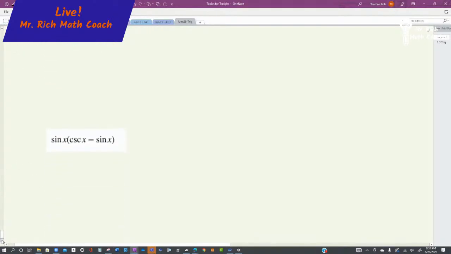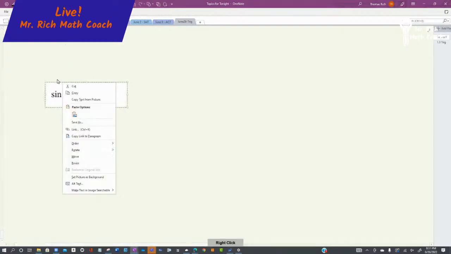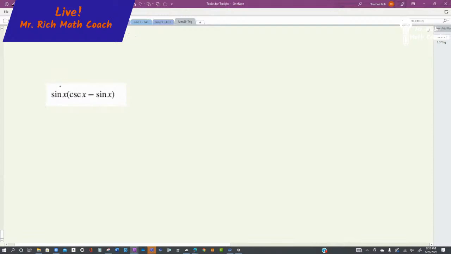And let's do one more here. Sine x times cosecant x minus sine x. I don't think that's going to be much of a problem to simplify. I'm going to go ahead and distribute my sine x. So this is going to be sine x cosecant x minus sine squared x.